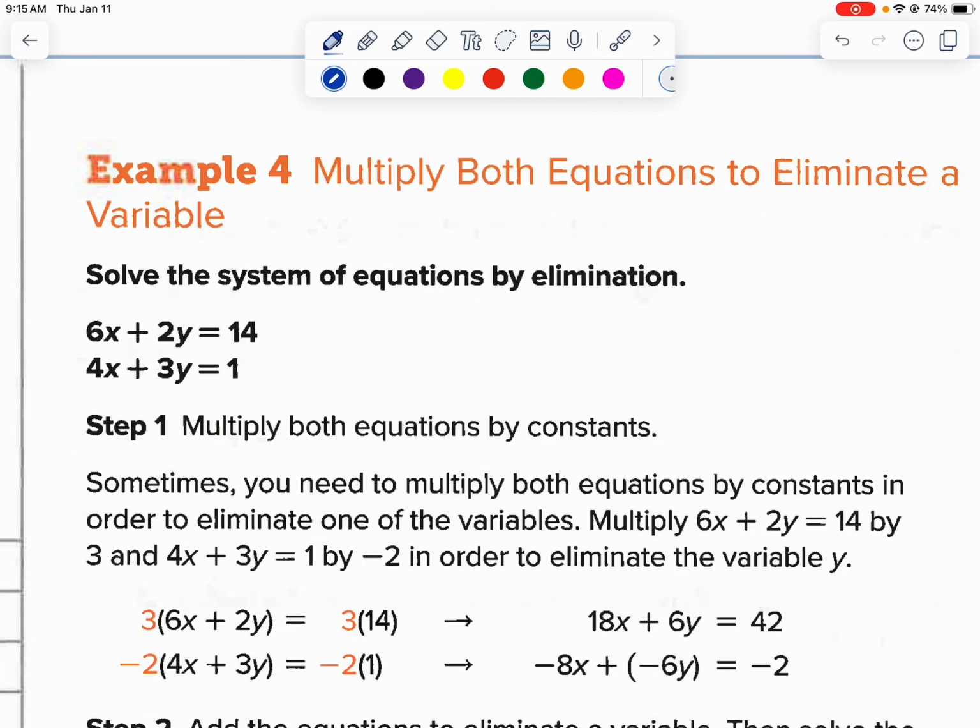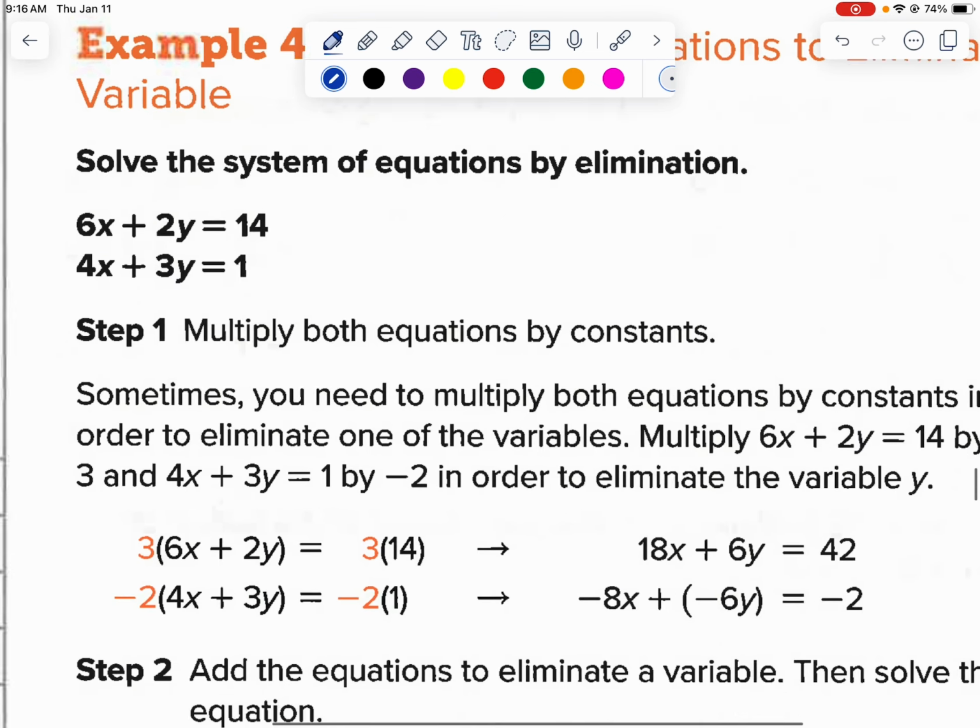What I usually look at is my coefficients of x. Are they similar to each other? Are they opposites? Is one a factor of the other or something like that? I do that with all of them. And in this case, it doesn't work that way.